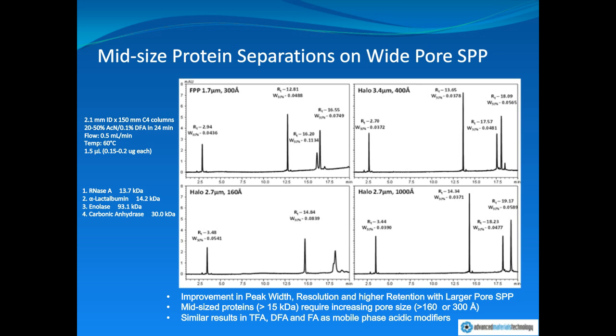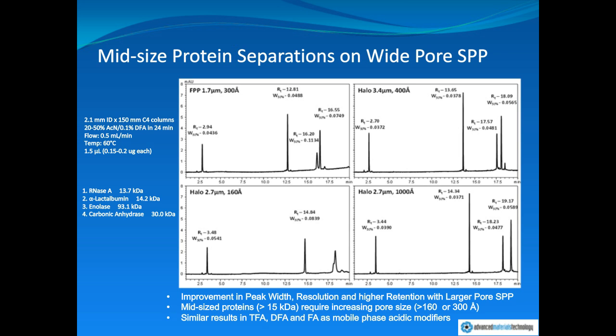When we get up to the larger proteins, like enolase or carbonic anhydrase, the last two peaks out, we can see that a 300 angstrom pore size material is insufficient, and that a superficially porous particle morphology also helps. So in this case, the 400 versus the 1,000 show very subtle differences at that molecular weight range. But the fully porous particle combined with the enlarged pores clearly give you an advantage in terms of generating better peak widths.